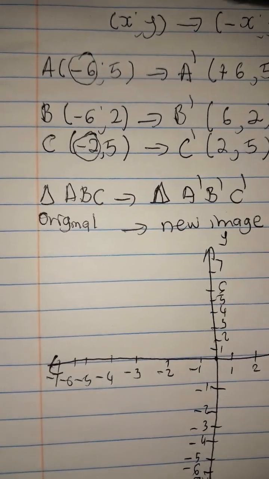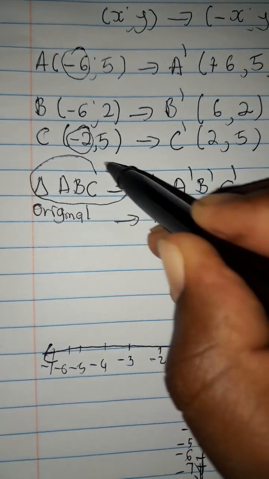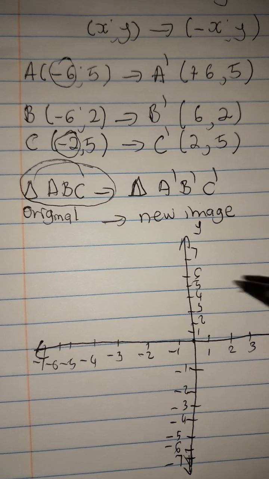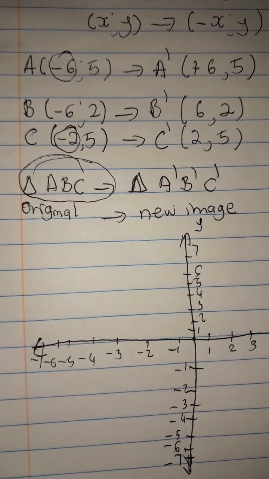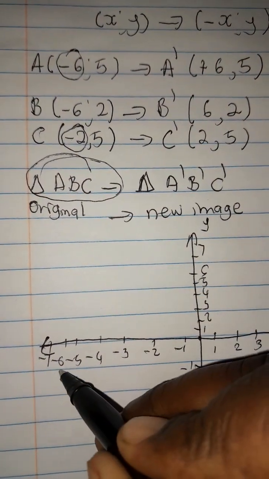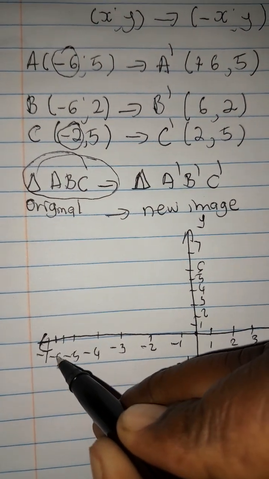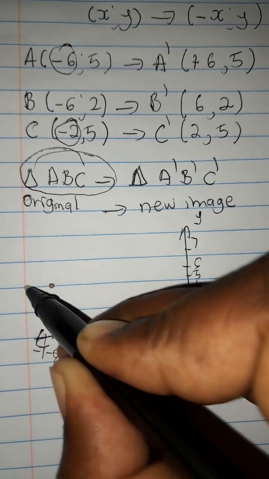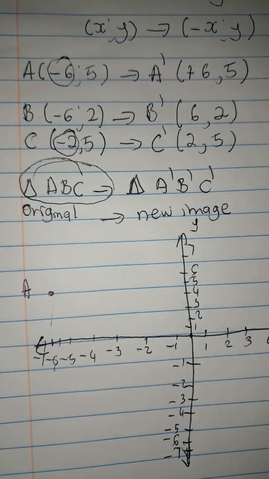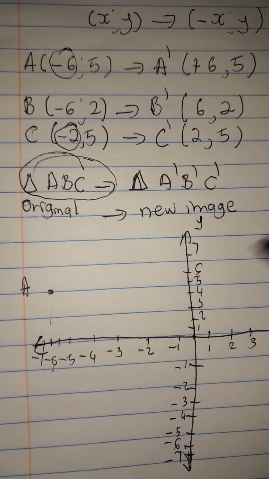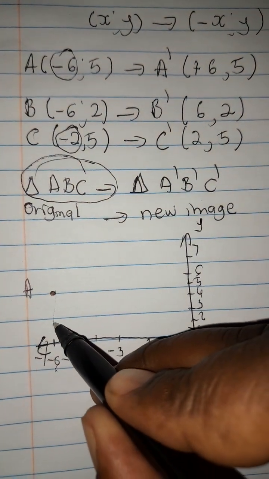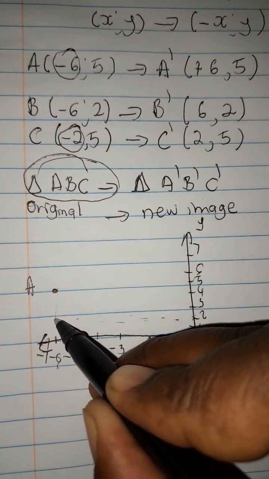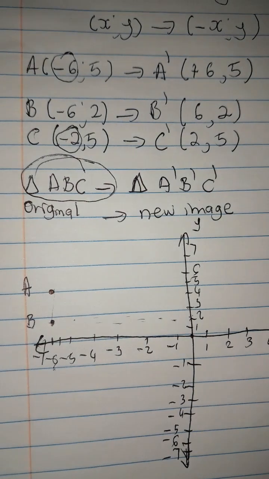Let's start with the original image, triangle ABC, and plot the points so that we can create a triangle. We have (-6, 5). Where is -6? It's here, so we go -6 and upward to 5. That's A of the original. B is (-6, 2), so we put B here.